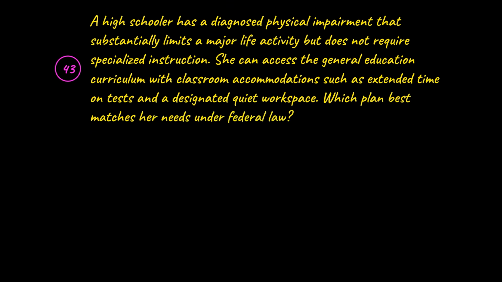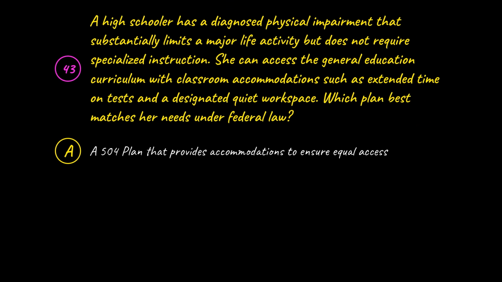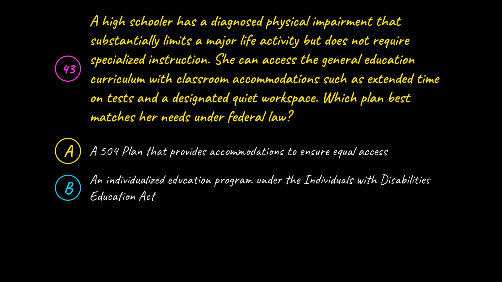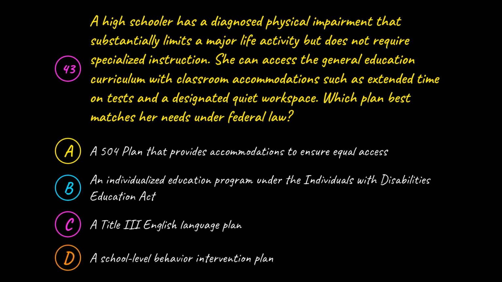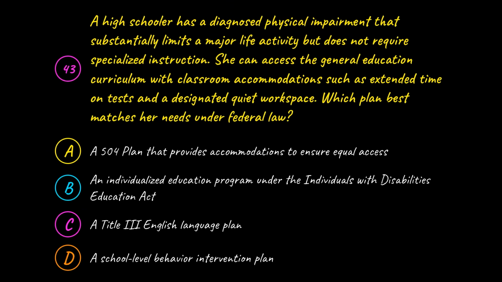Your options are A, a 504 plan that provides accommodations to ensure equal access. B, an individualized education program under the Individuals with Disabilities Education Act. C, a Title III English language plan. D, a school-level behavior intervention plan. Before I reveal it, which one do you think is right?